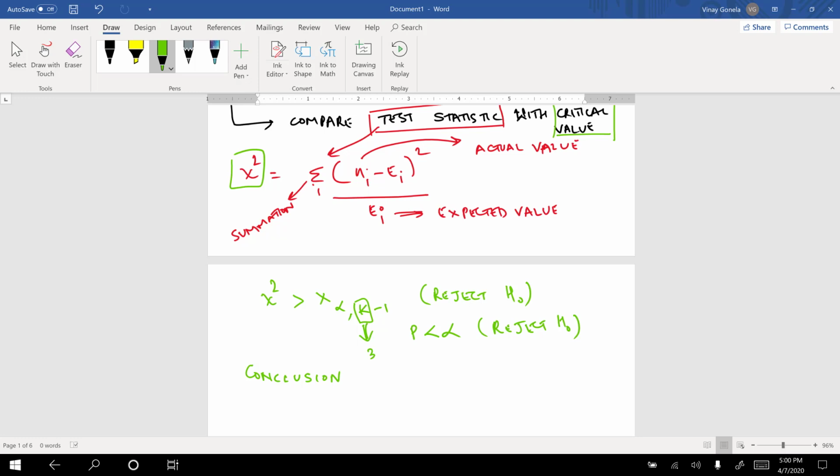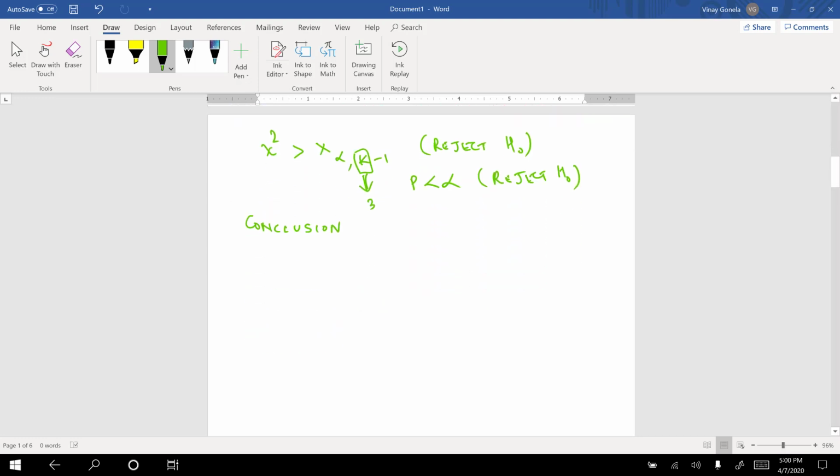I will take an example problem and try to solve it using chi-square distribution for goodness of fit.